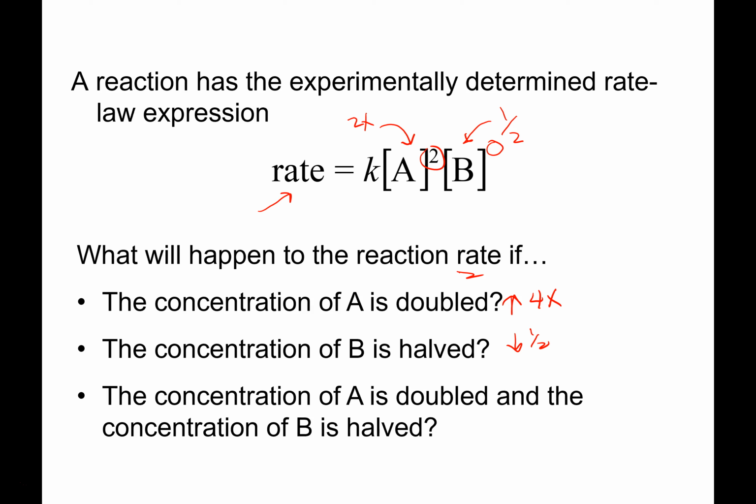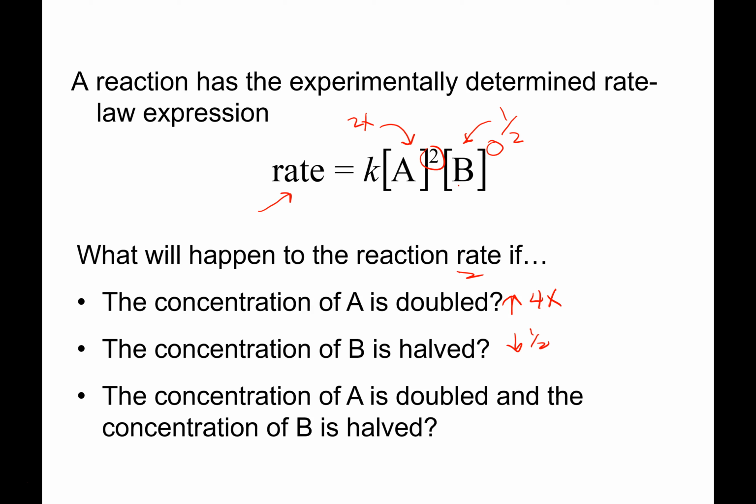Okay, back to you, Allison. What if we do both of those? We're going to double A, and then we're going to halve B. What do you think, will it go up or down?